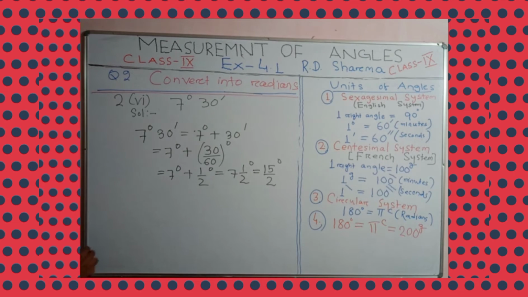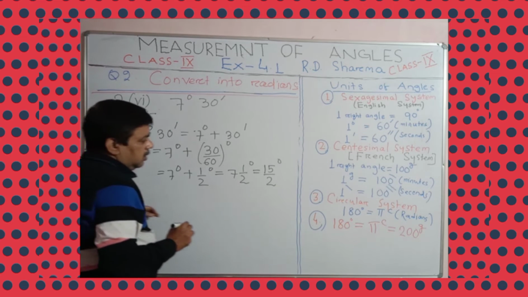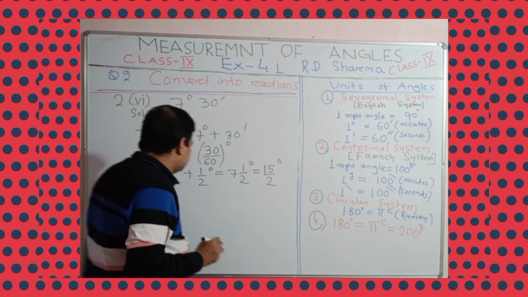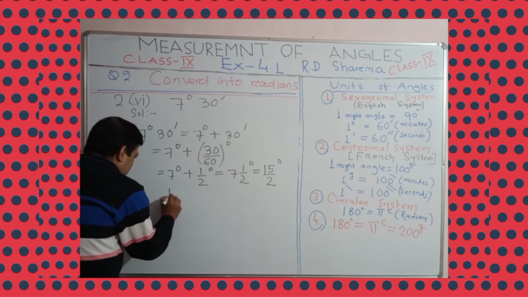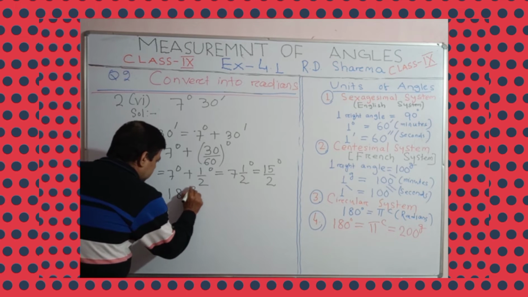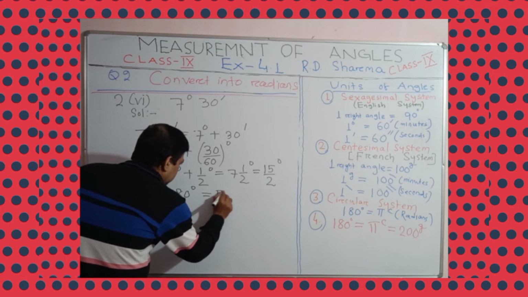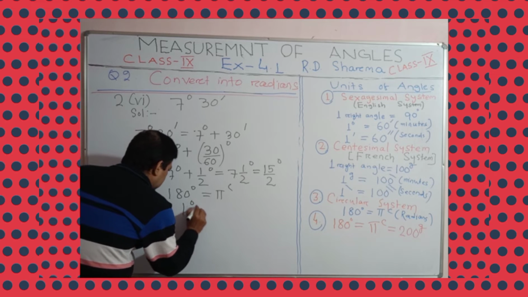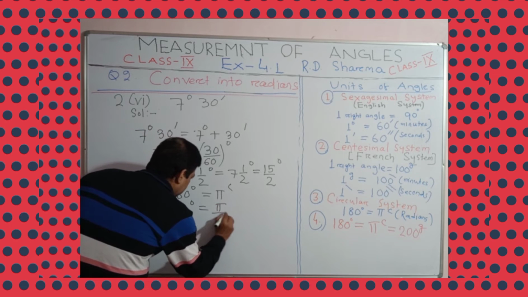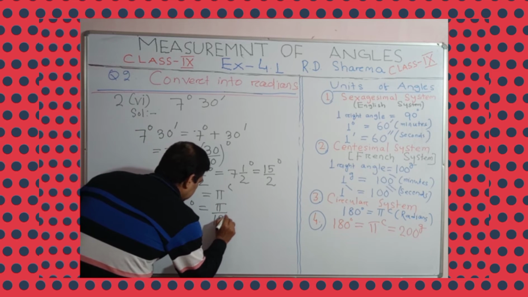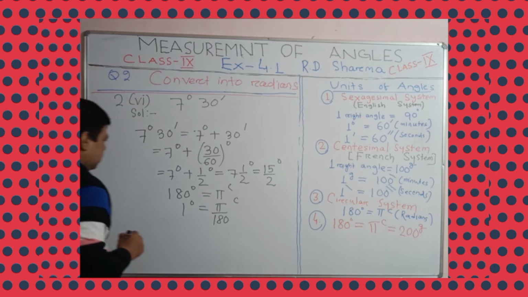Then, as per the relationship, 180 degree is equal to pi radian, and 1 degree is equal to pi upon 180 radian.